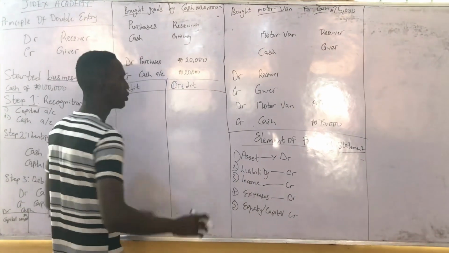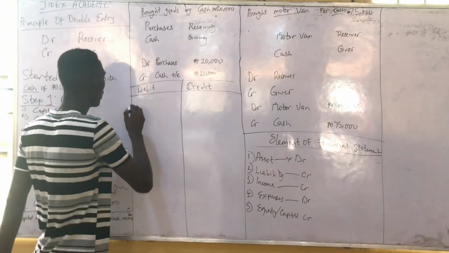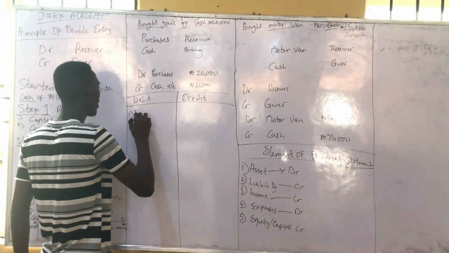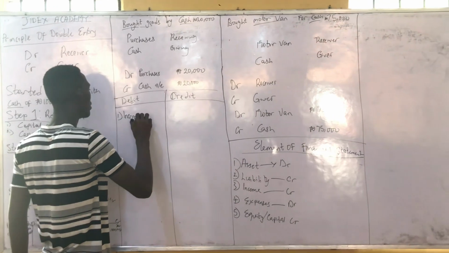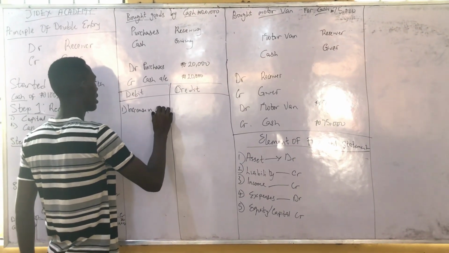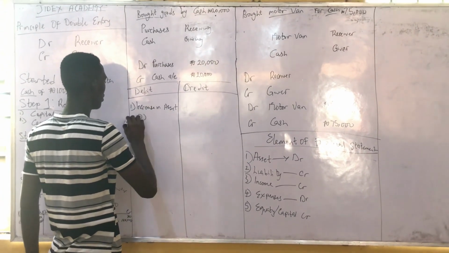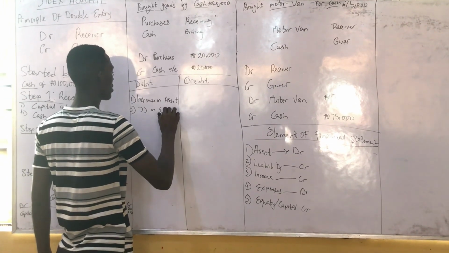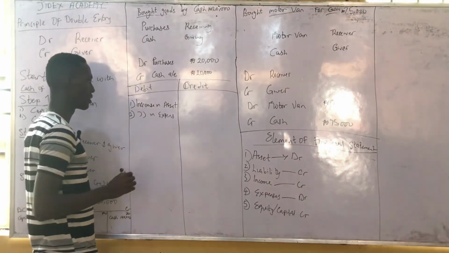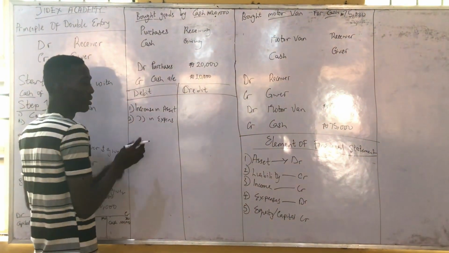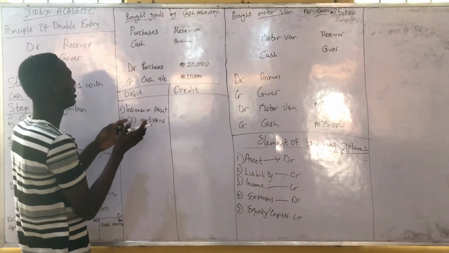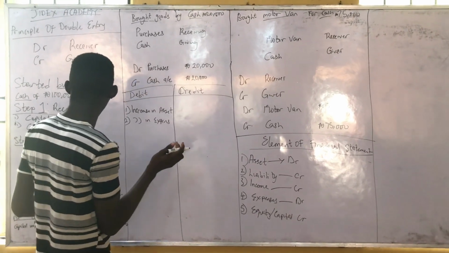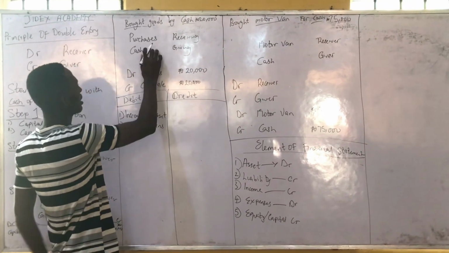Assets and expenses will always have a debit balance. So the two are going to come first. Whenever you have an increase in assets, and an increase in expenses, you always have a debit balance.